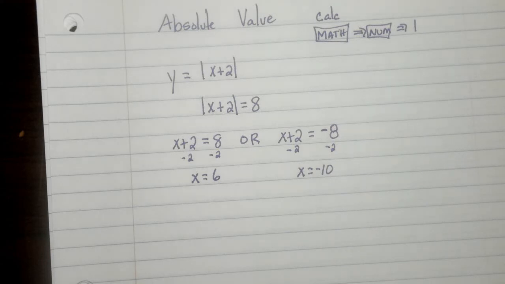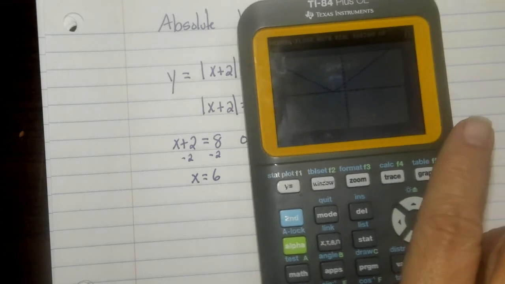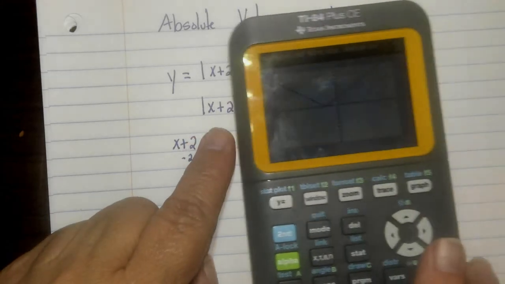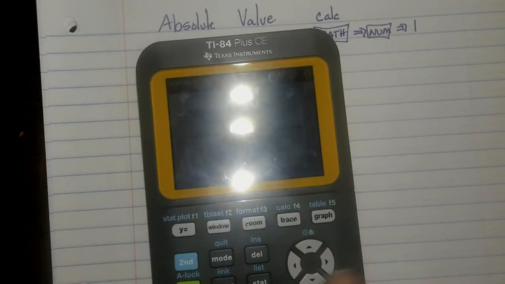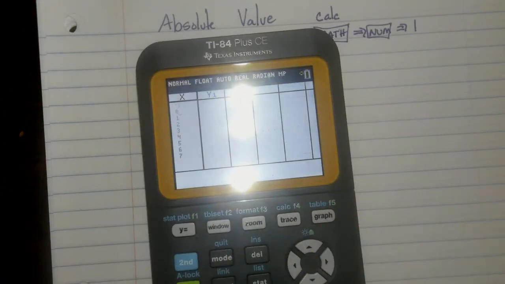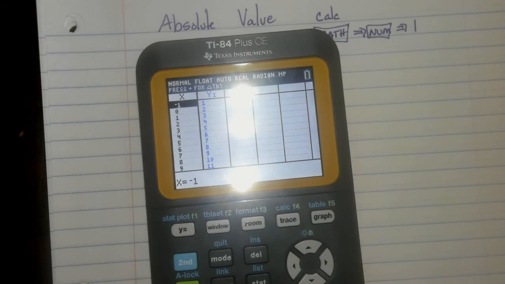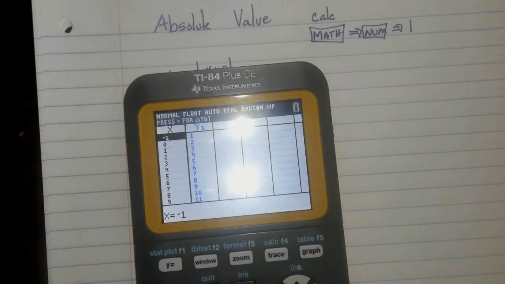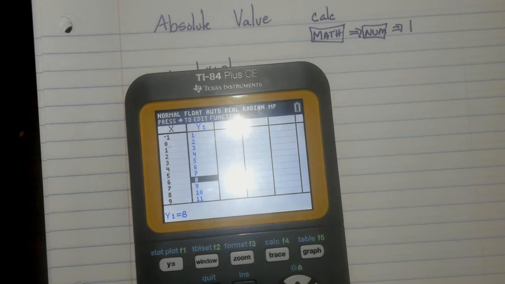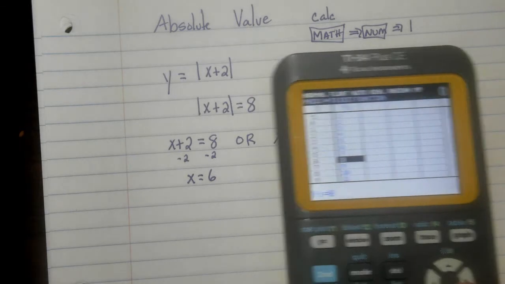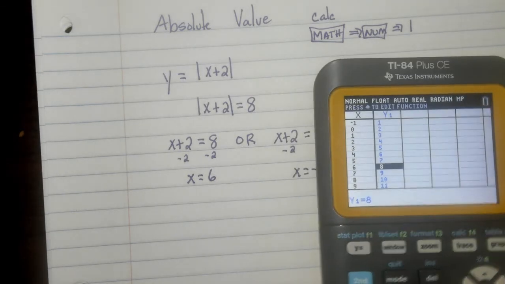Now, you can also use your calculators for this. I've already got the absolute value of x plus 2 in my calculator. So I'm going to go to my table, and I'm going to look for when the output is 8. All right, well, you see there, 6 and 8. So there's one solution. But with absolute value, we tend to have two solutions because you've got that V shape.